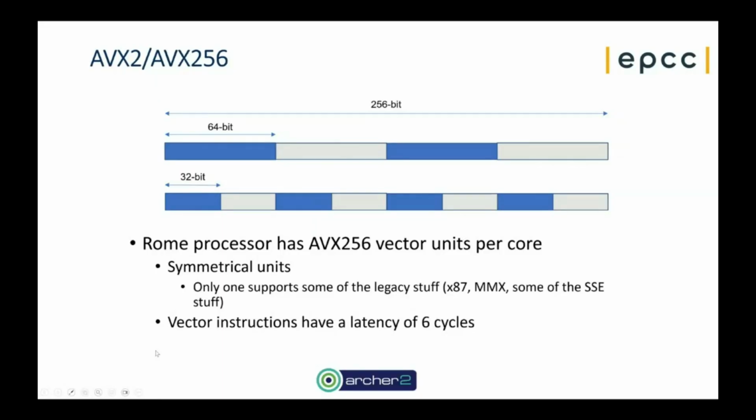So you could say to yourself, what's the point in having a vector operation which does 4 things at once if it takes 6 times longer to do overall? But there is a pipeline in this vector unit. If you start one instruction on the first clock cycle, it moves on to the next stage, and then you can start another vector instruction, and you can get to the point where you have 6 instructions all running at the same time.